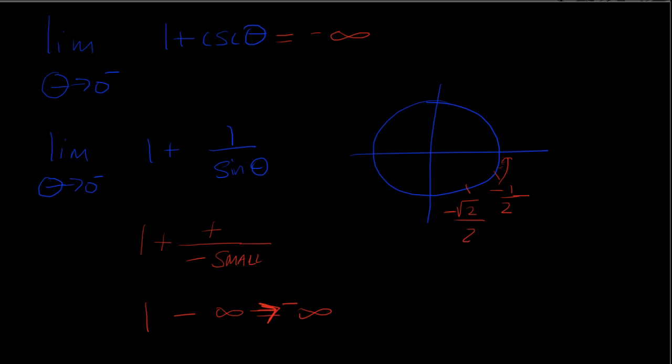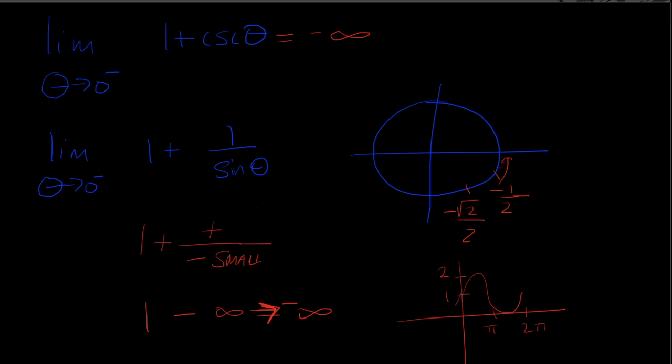And we can also graph this. So I won't go over all the details, but 1 plus sine, let's see, looks something like that. This is pi, 2 pi. So we're looking at 0 from the left.